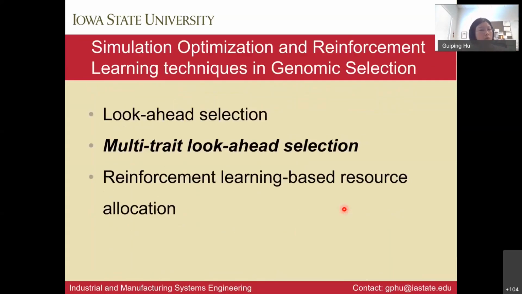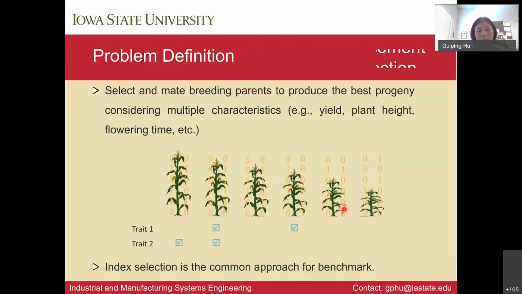Just real quick, I think I already talked about this. For the multi-trait look-ahead selection, now instead of just looking at one trait, we may be focusing on 2. There are different scenarios you can look at. For example, we are trying to maintain the plant height in a certain range, but we're trying to maximize yield. We extend this to multi-trait, and we benchmark against index selection.